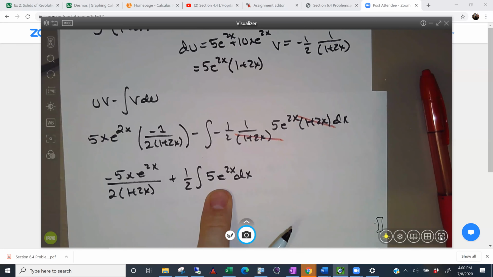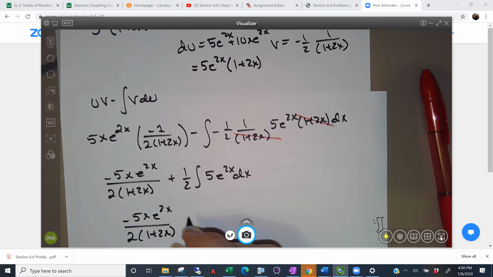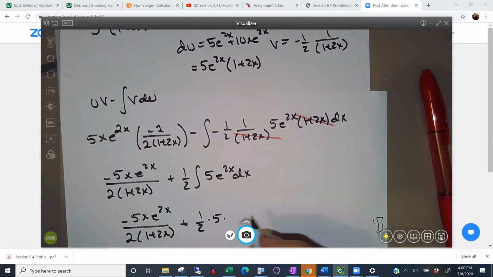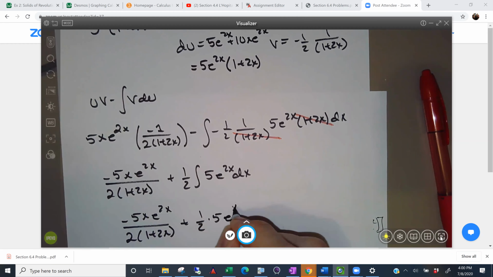Well, the good news is I can integrate that. So it's going to be negative 5x e to the 2x over 2 times 1 plus 2x plus 1/2 times 5 times, when I integrate that, it's going to be e to the 2x over 2.